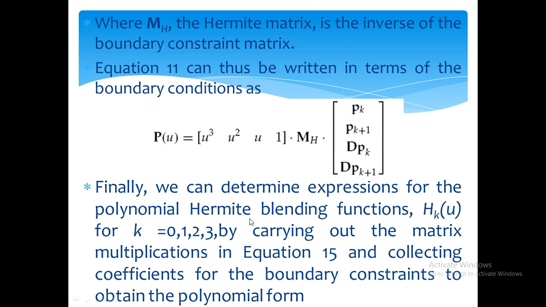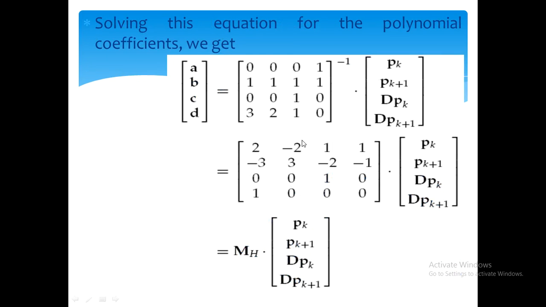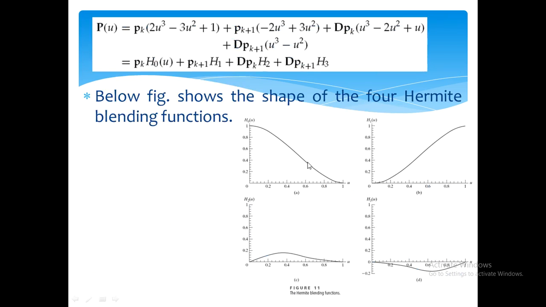Means we are just multiplying this matrix values and this, right? The MH matrix values we already have here, and I am directly multiplying here. Then that is P_k times minus u cube plus 3u square, then plus DP_k times u cube minus 2u square plus u.